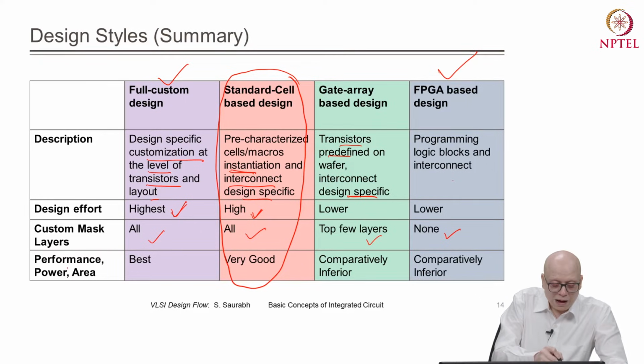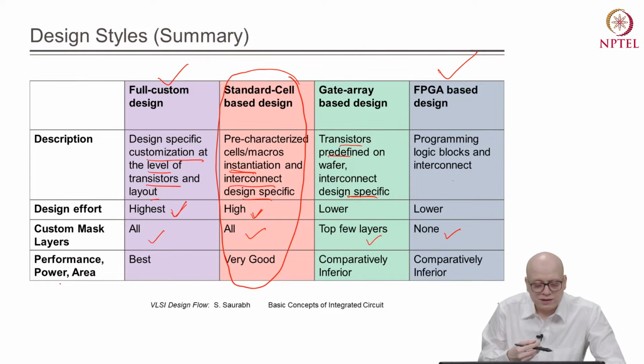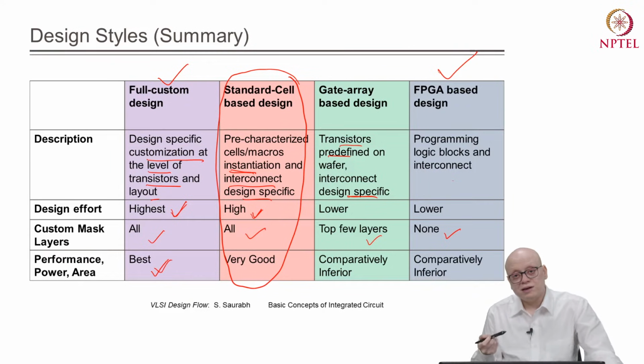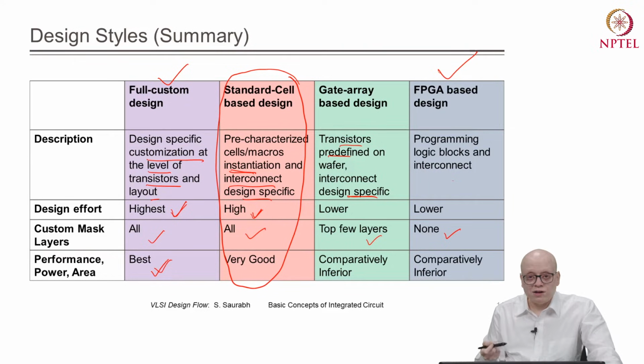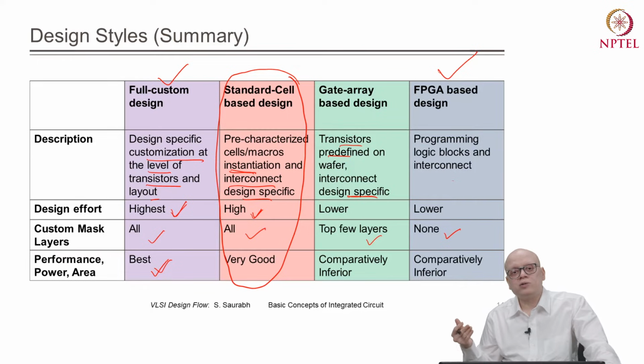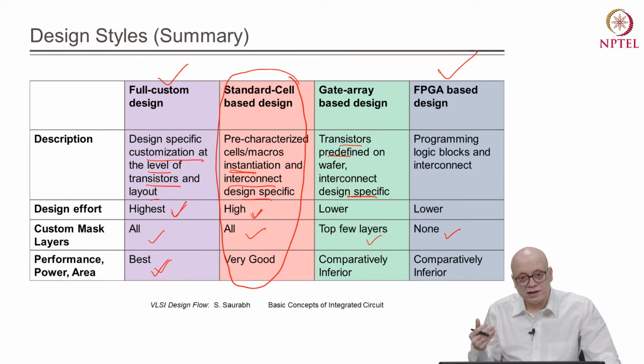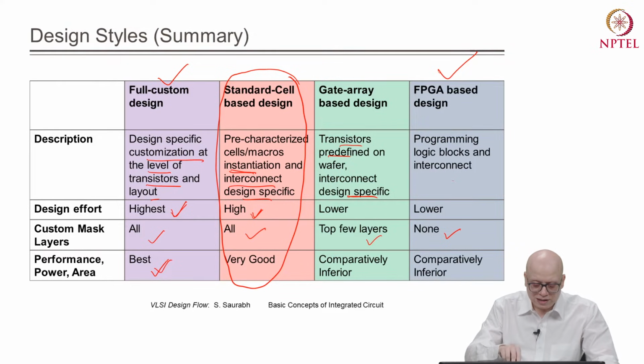Then in terms of power, performance and area, that is the quality of the design that we get, the full custom design of course has the best. Why? Because we are designing at the transistor level, we have the full flexibility to make our own design, and therefore full custom design can achieve the best performance, power and area measures. The standard cell based design is also very good in terms of power, performance and area.